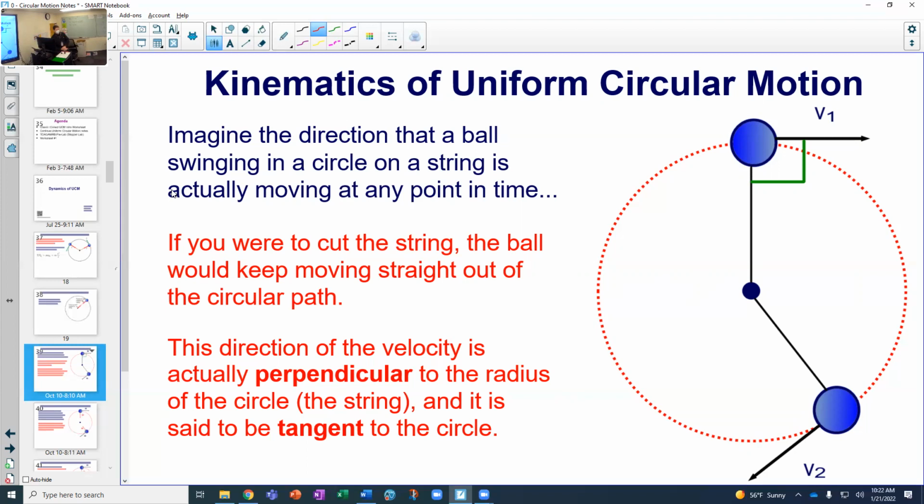So what's the acceleration? 0. But that's moving in a circle, so it has to have an acceleration, right? So the net force can't be 0. So which is greater there at the bottom of the circle? Is the tension greater or the gravity? Tension. Because it's pulling it back up, right?